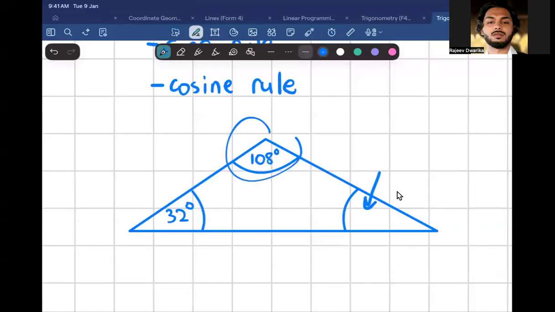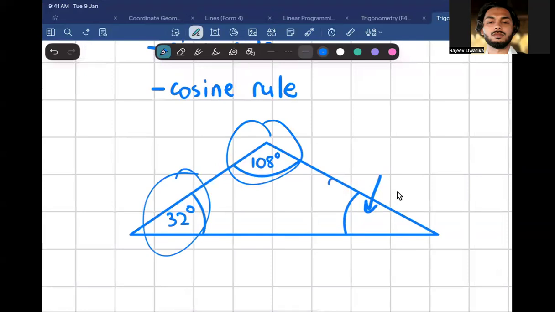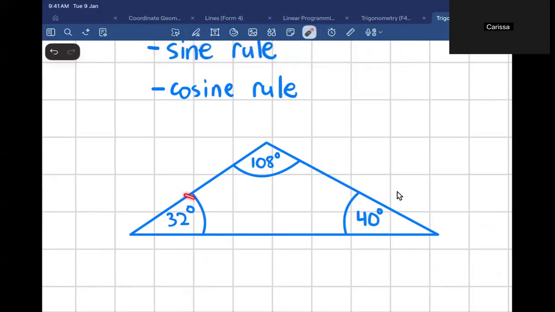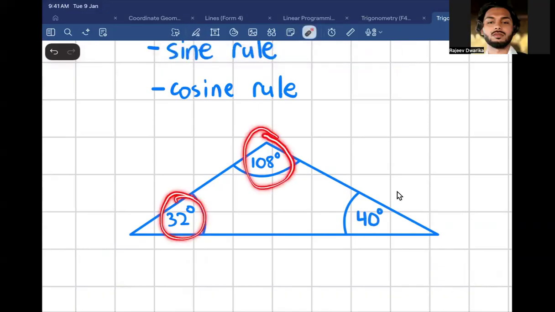If this is 108 and this is 32, what should this angle be? Guys, the silence is loud. 40. 40, right? Perfect. 40 degrees. You found that by adding up 32 and 108, you'd have got 140, and you took that away from 180, and you got 40 degrees.